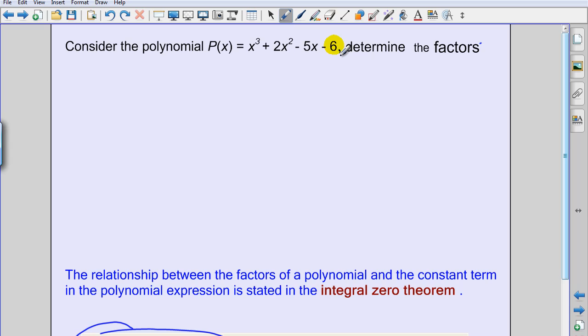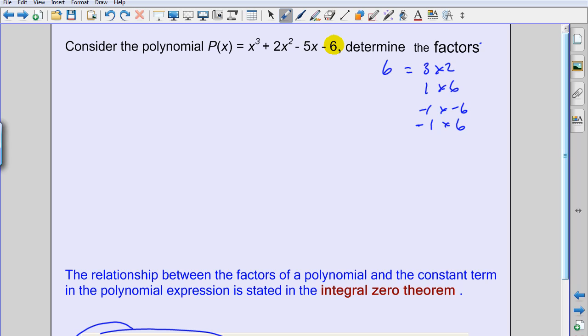One way of using the constant to help us determine factors is to look at the factors of that constant. So I know that 6 can be equal to 3 times 2, or it could be equal to 1 times 6, or negative 1 times negative 6, or negative 1 times 6, if in fact it's a negative in front.